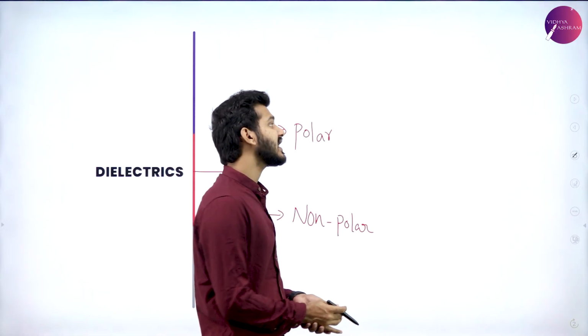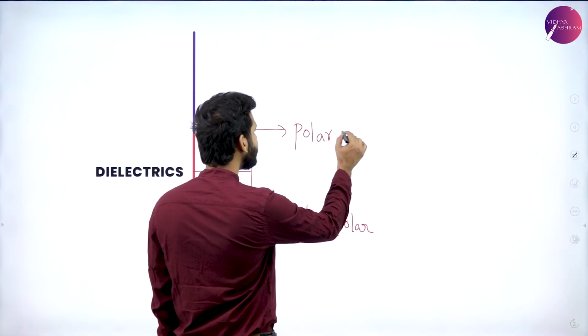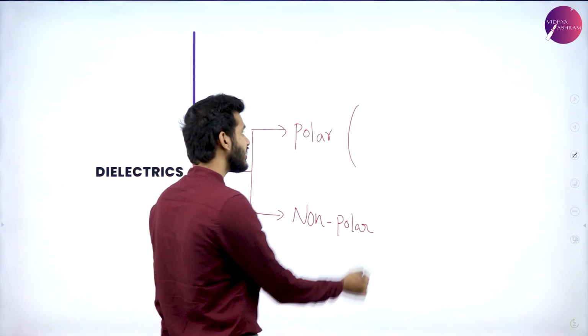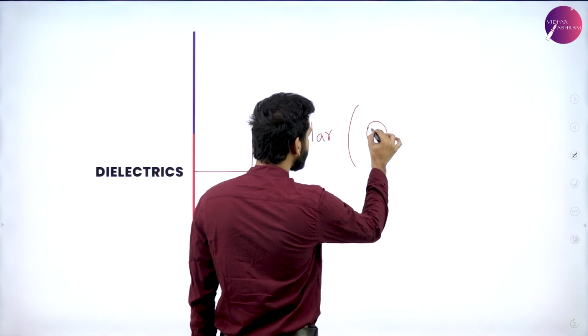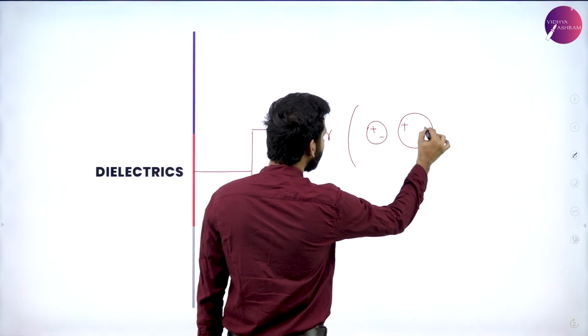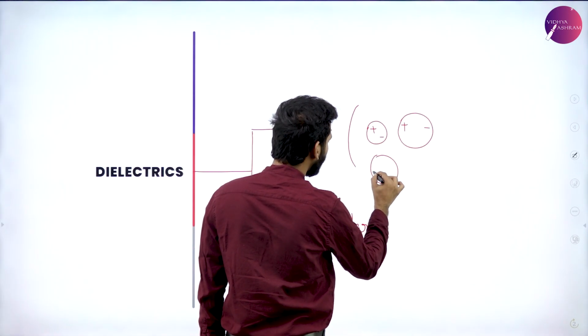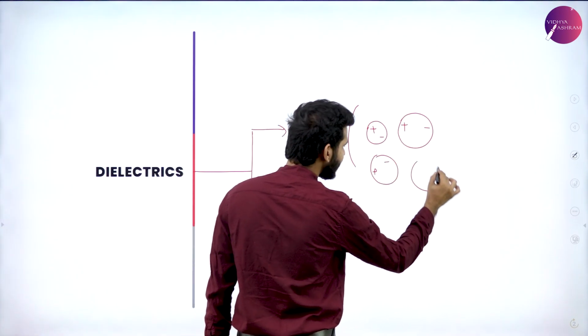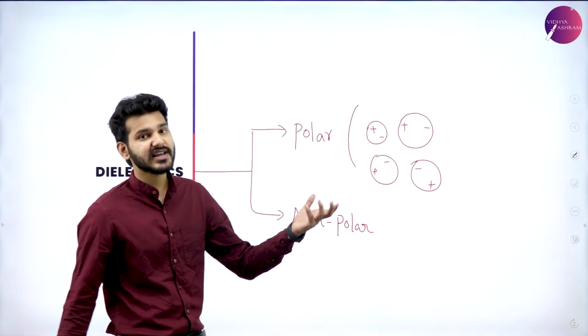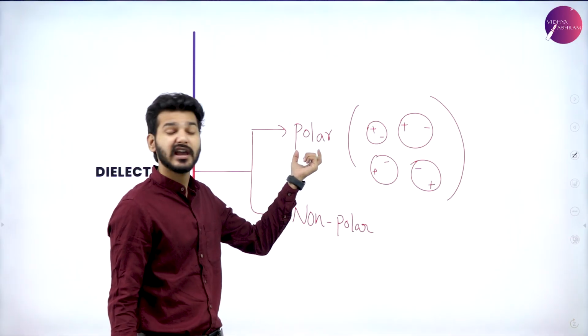What we are saying exactly is that there are certain materials known as polar dielectrics in which the charge centers do not coincide. They will have randomly oriented charge centers where the charges do not coincide with each other, meaning they are polar.